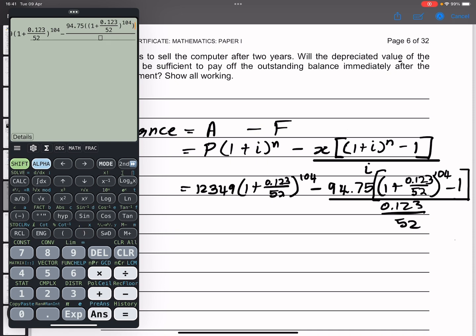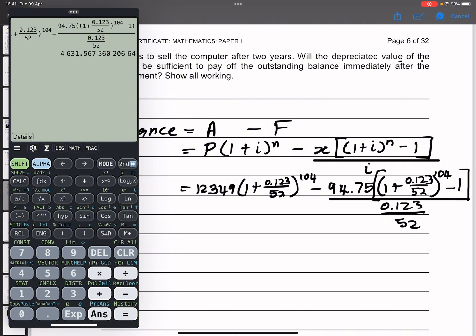All right, and then this is divided. Oh no, actually I was supposed to say minus 1 thereafter. So let's remove this and say minus 1, and close that bracket. Okay, I think we're good. And then this is divided by another fraction again, 0.123 over 52.